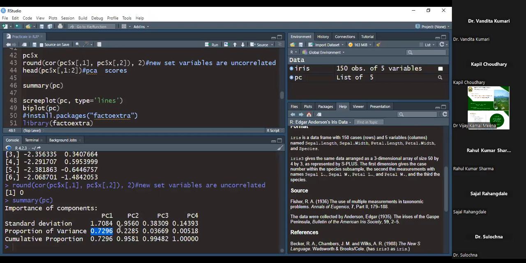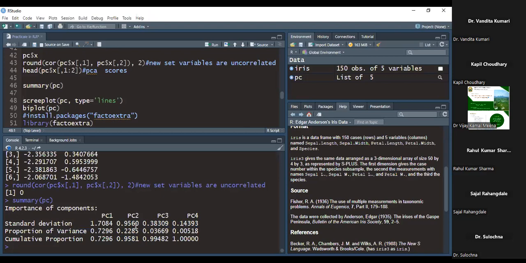The second principal component is explaining 22.85% of the variation. And the cumulative variation by taking PC1 and PC2 comes to around 0.95, meaning 95.8% of the variation is explained by just the first 2 principal components.